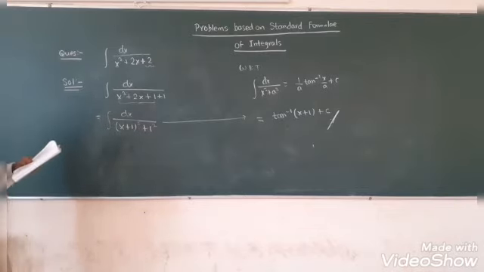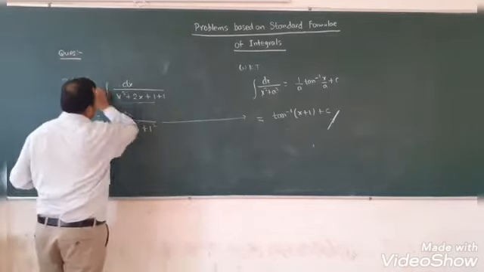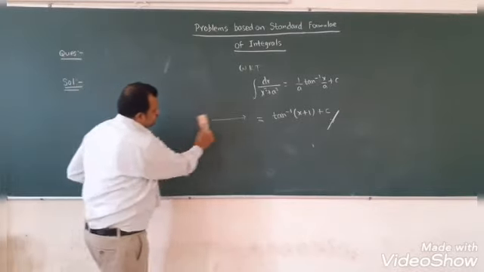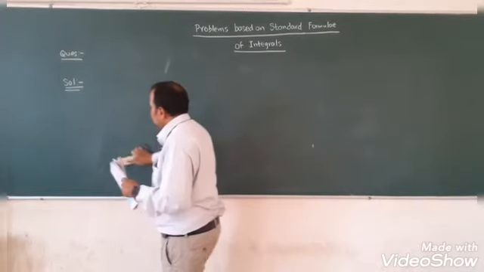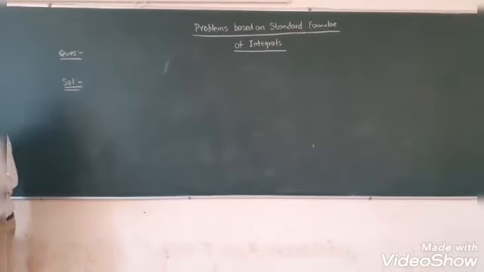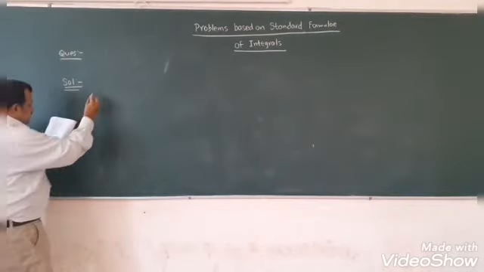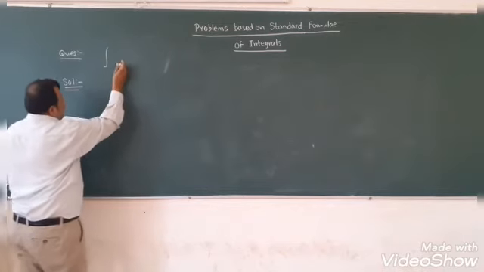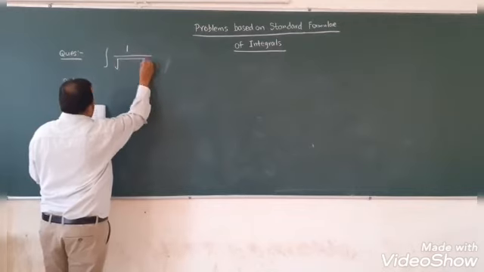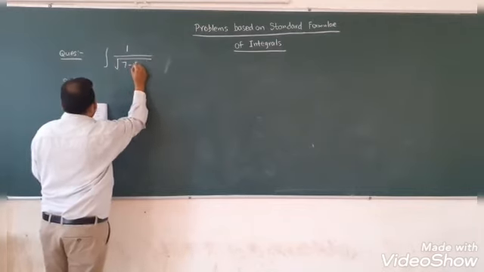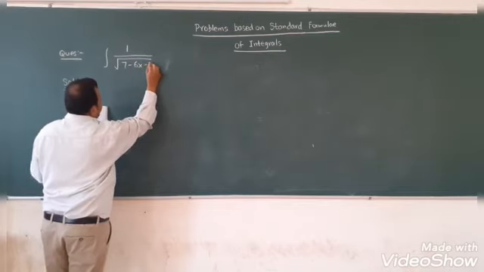Let us see one more question. 1 divided by root over 7 minus 6x minus x square.